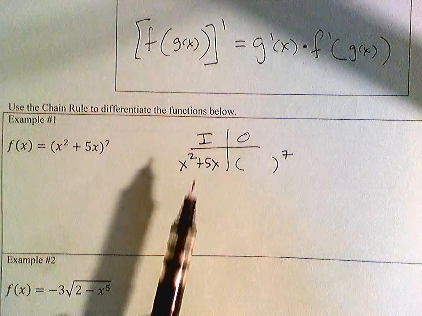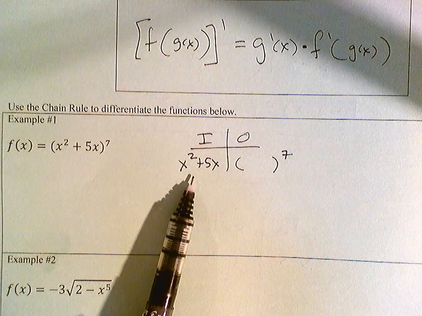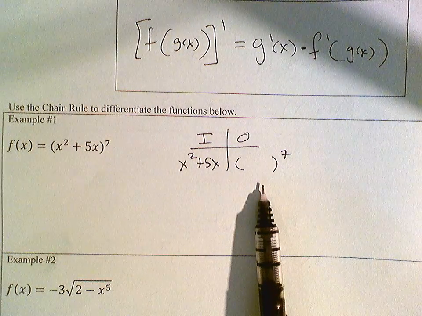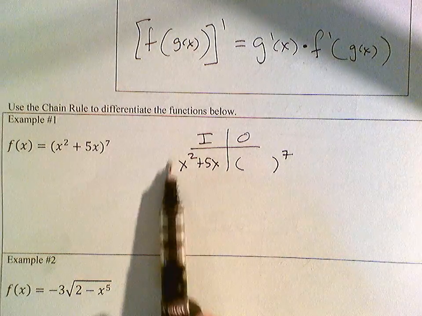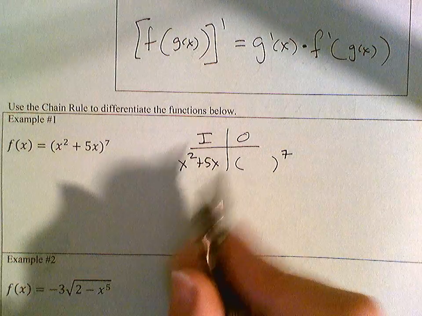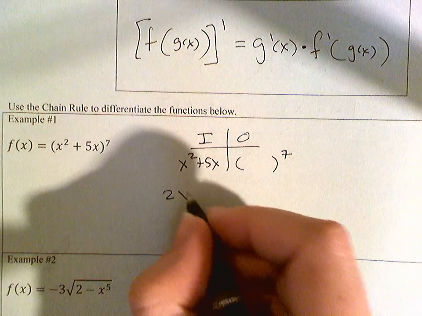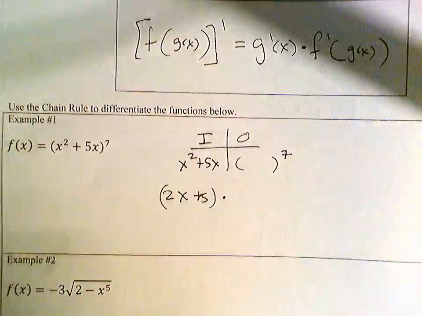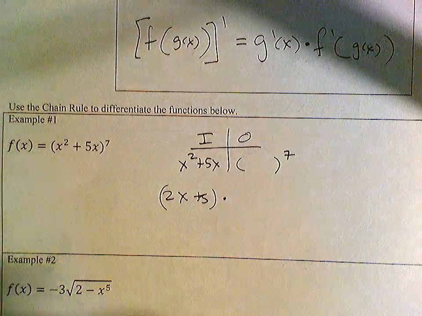And now, to use the chain rule, I just have to take the derivative of the inside function, multiply that by the derivative of the outside function, but with the inside function plugged back in. So the derivative of the inside function is 2x plus 5, times the derivative of the outside function.